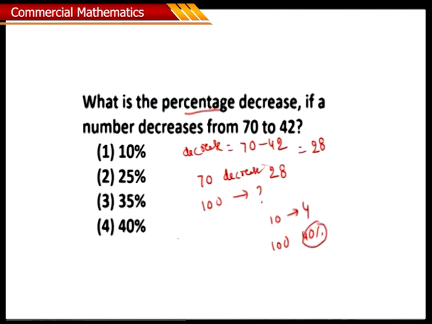Or you can do it like this also. 28 into 100 upon 70. So 7 goes here 4 times. So 4 into 10, 40%. This is the way in which you can solve this. So first simply calculate the decrease.